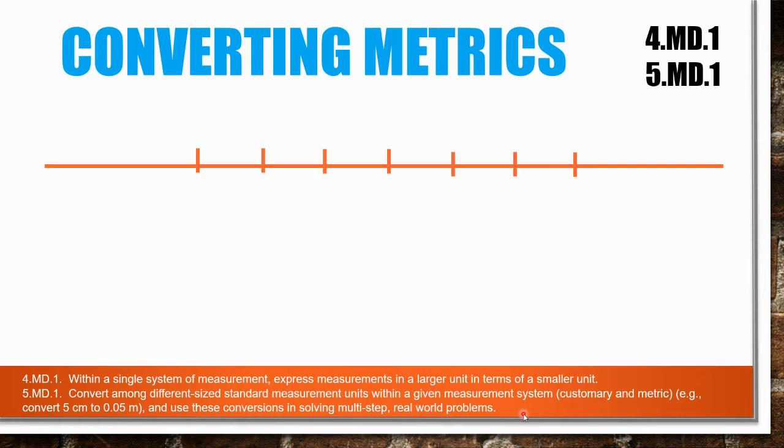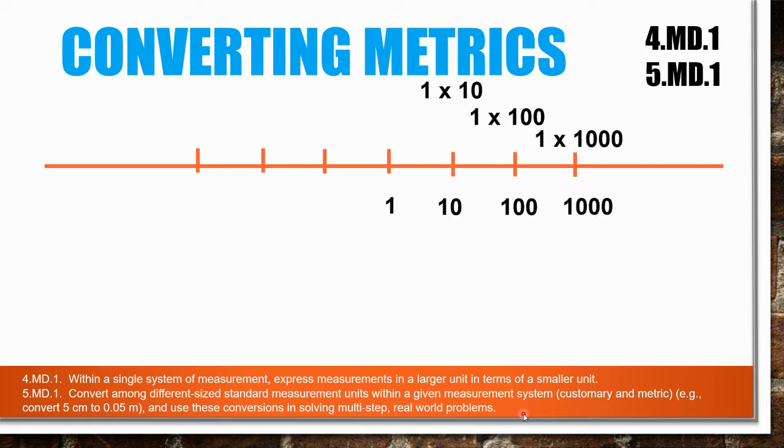So let's talk about multiplying by 10 because that's how the metric system works. If we start with the number 1, what happens when we do 1 times 10? You're right, it's 10. 1 times 100, which is 2 tens, 10 times 10, that's 100. And 1 times 1,000 is 1,000.